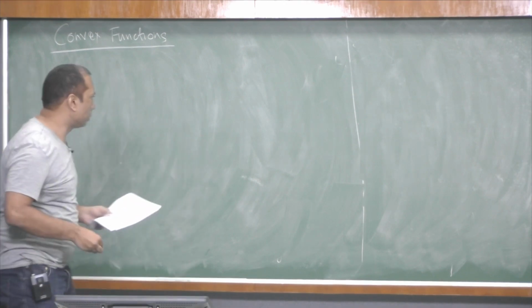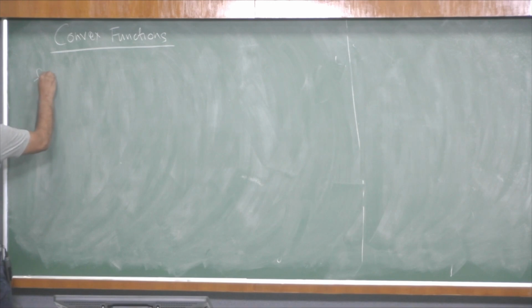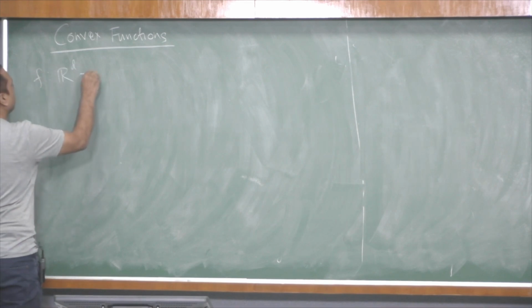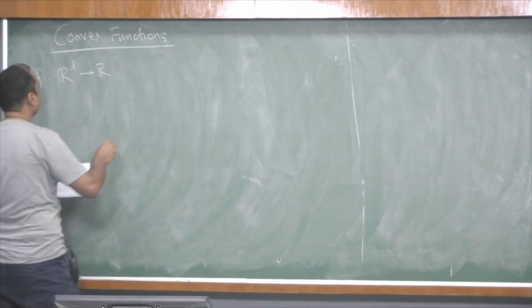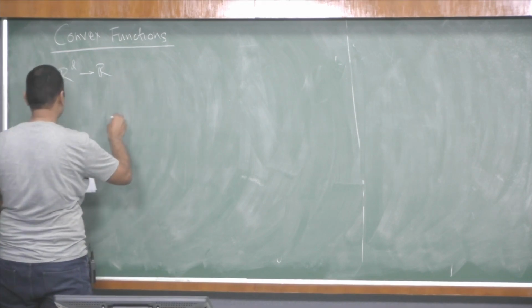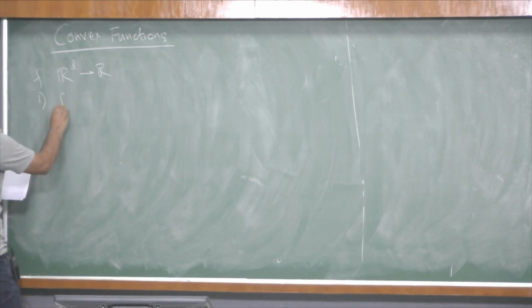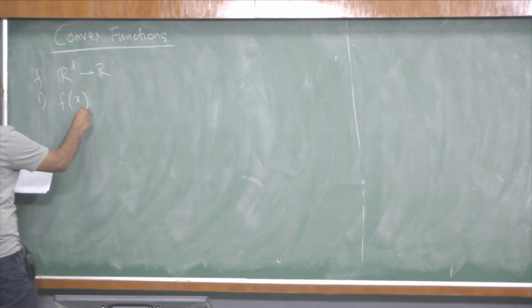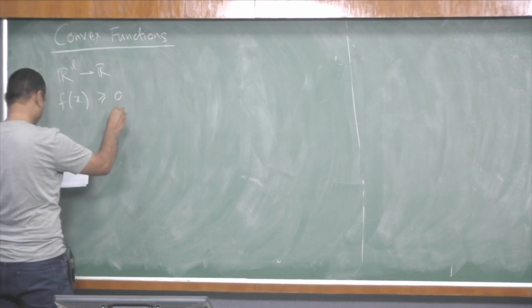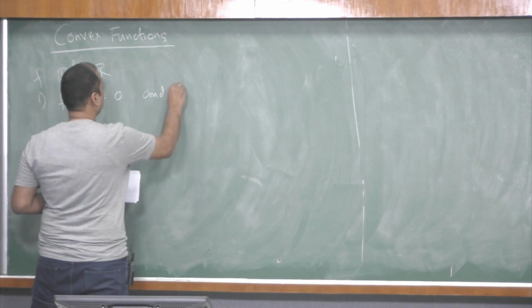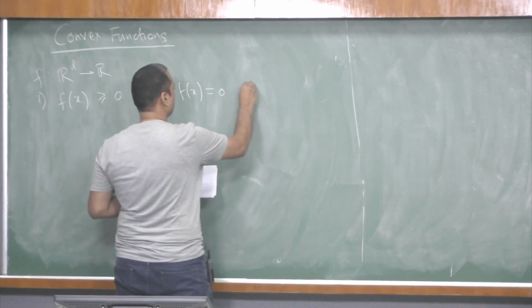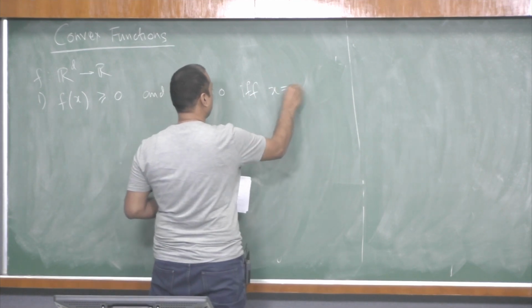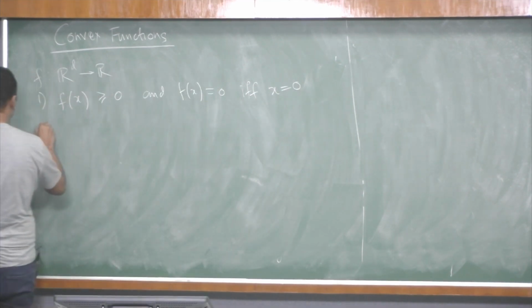So f from R^d to R is a norm if it satisfies the following. First let us see what the properties are. First, f(x) is greater than or equal to 0, and f(x) equals 0 if and only if x equals 0.